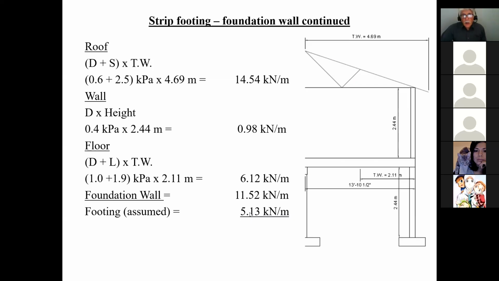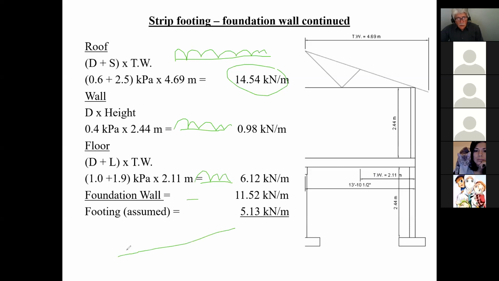So basically, guys, the way you're supposed to see it is like this. Here's my roof, and I have a distributed load going across my roof of this much. Here's my wall, a distributed load of this much. Here's my floor, a distributed load of this much.